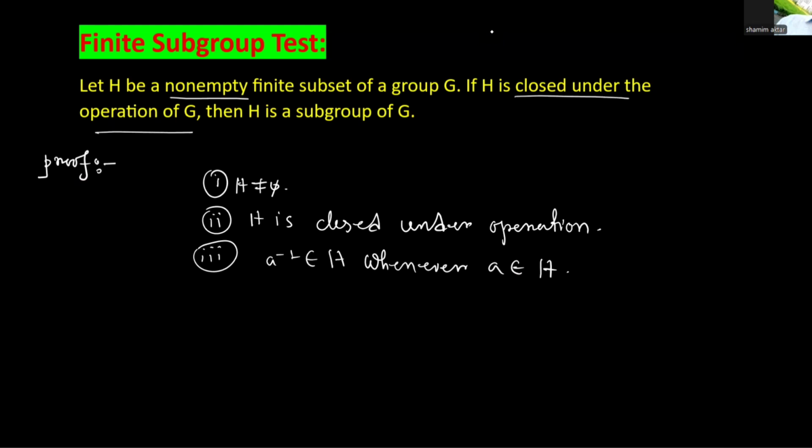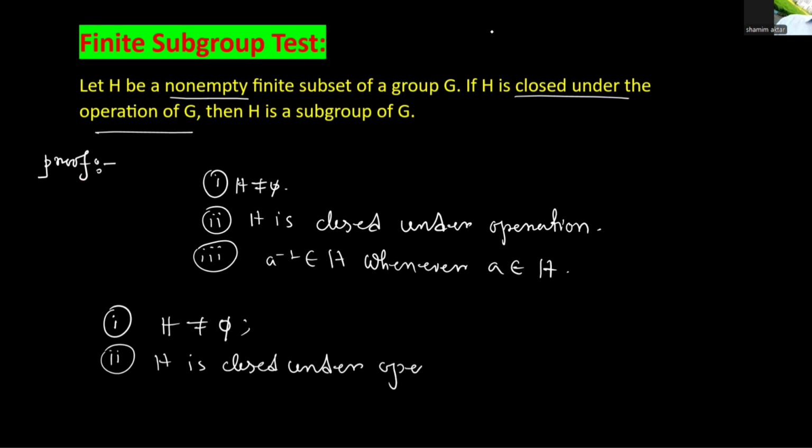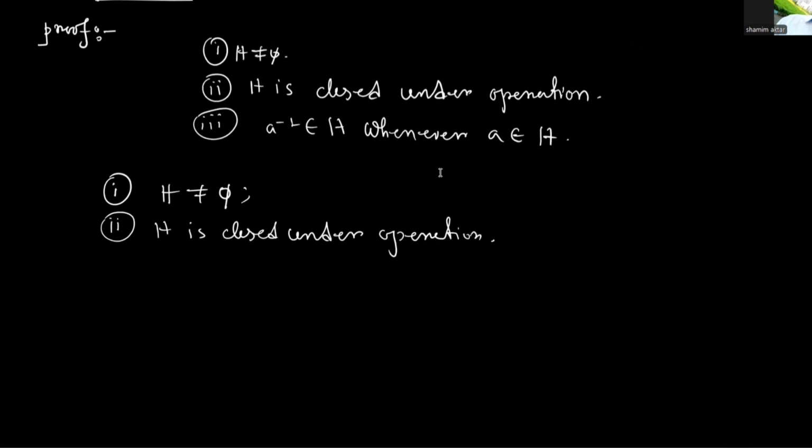So the first condition, H is non-empty, is already given, and the second, H is closed under operation, is given in the hypothesis. Here we need to show a inverse belongs to H whenever a belongs to H, then the proof is done.